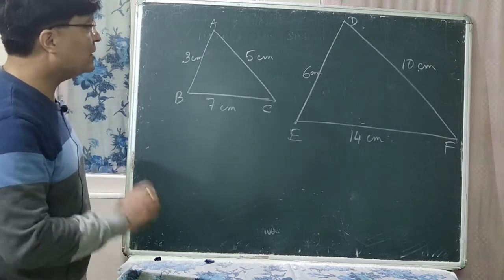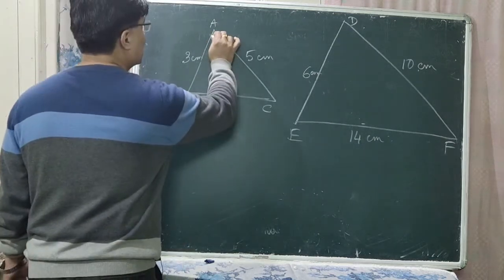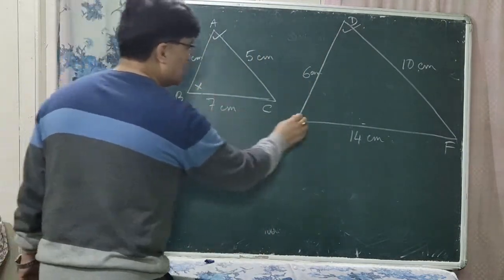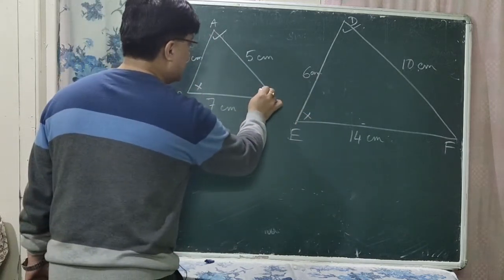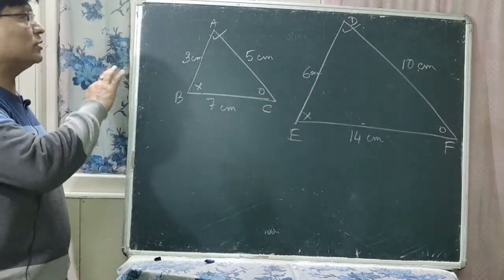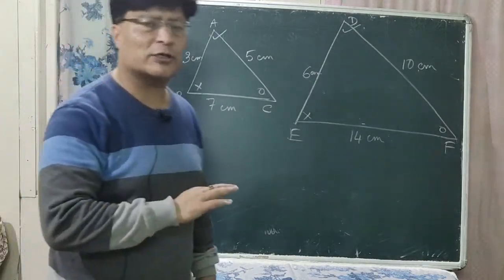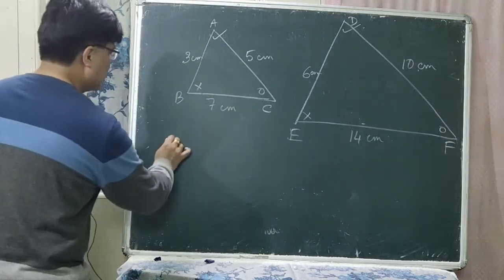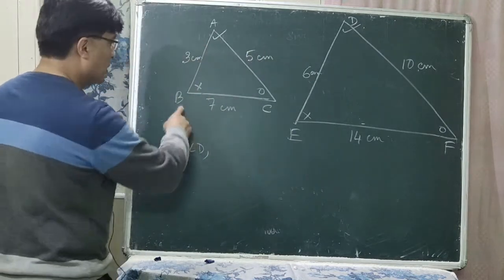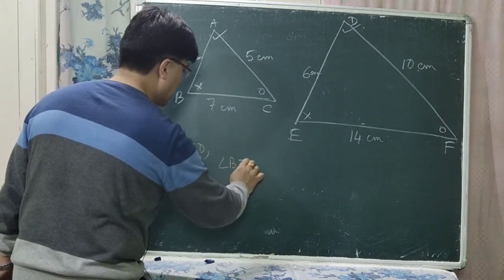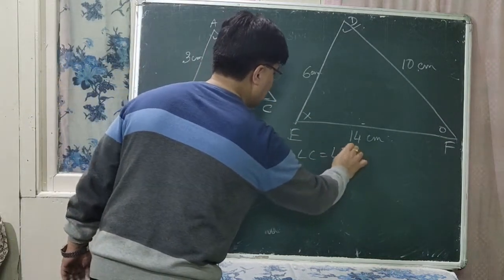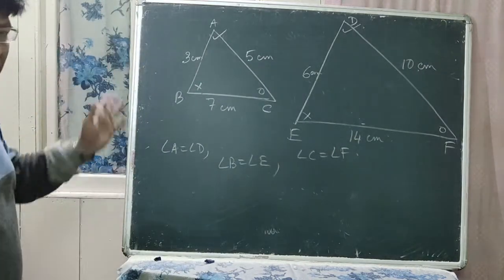Okay, so now in this case these corresponding angles are equal, these two angles are also equal, and these corresponding angles are also equal. So these two triangles are similar because their corresponding angles are equal. That is, angle A is equal to angle D, angle B is equal to angle E, and angle C is equal to angle F. So their corresponding angles are equal.